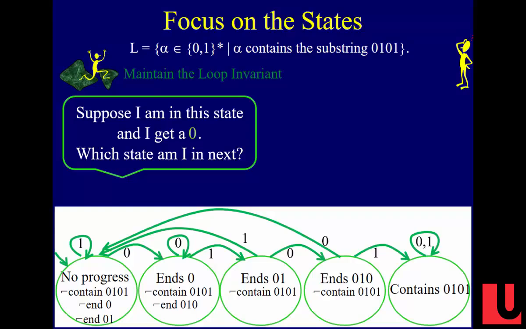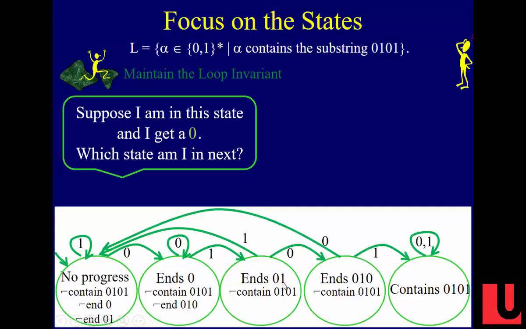So when it ends in 0, 1, should it also say it does not contain 0, 1, 0? Like the one just to the right of it. This one here? Like for the ends in 0, 0, 1. This one? One in the middle, yeah.